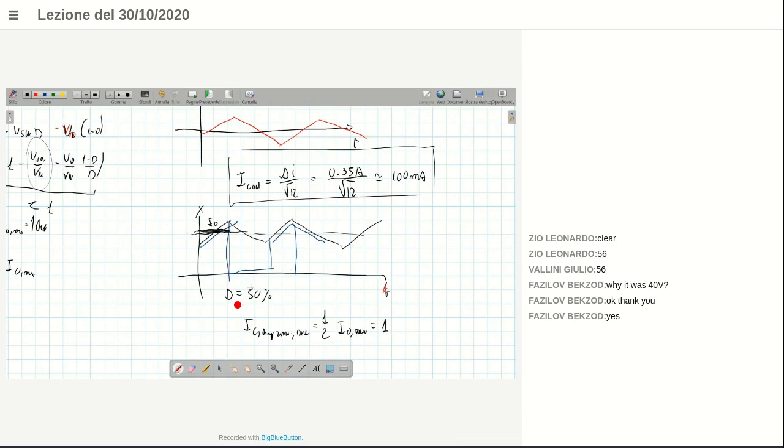And we can choose the RMS current, 1 amp, of the input capacitor accordingly.